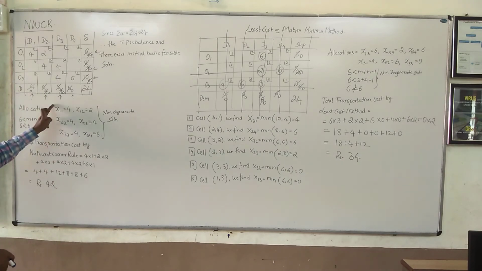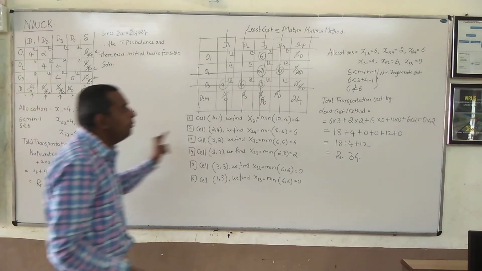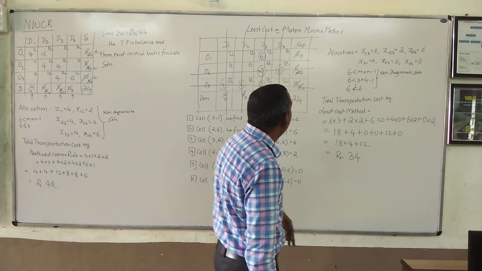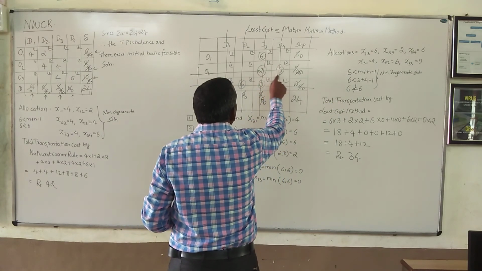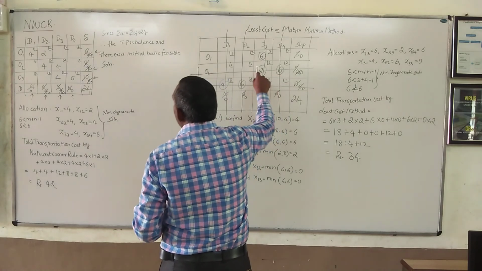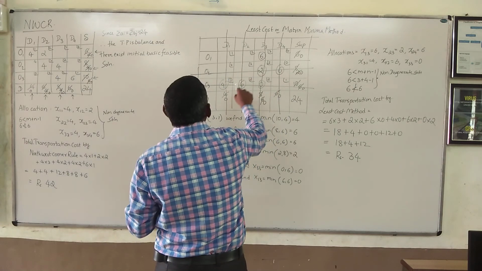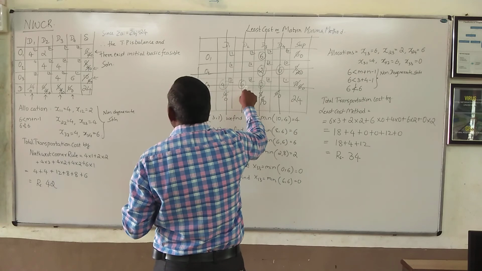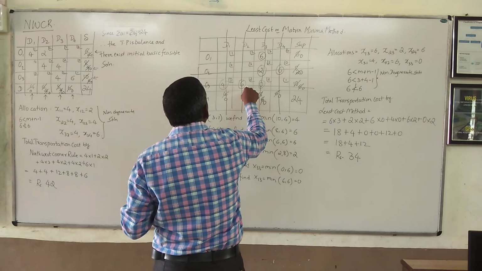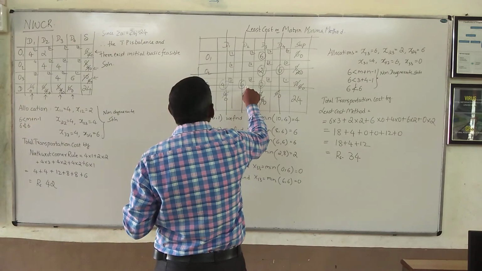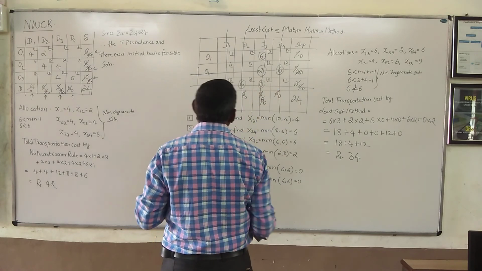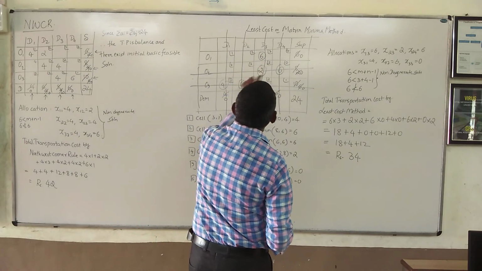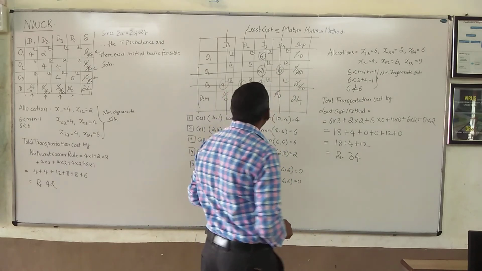How many allocations here? 6 allocations. How many allocations here? Here also 6 allocations.